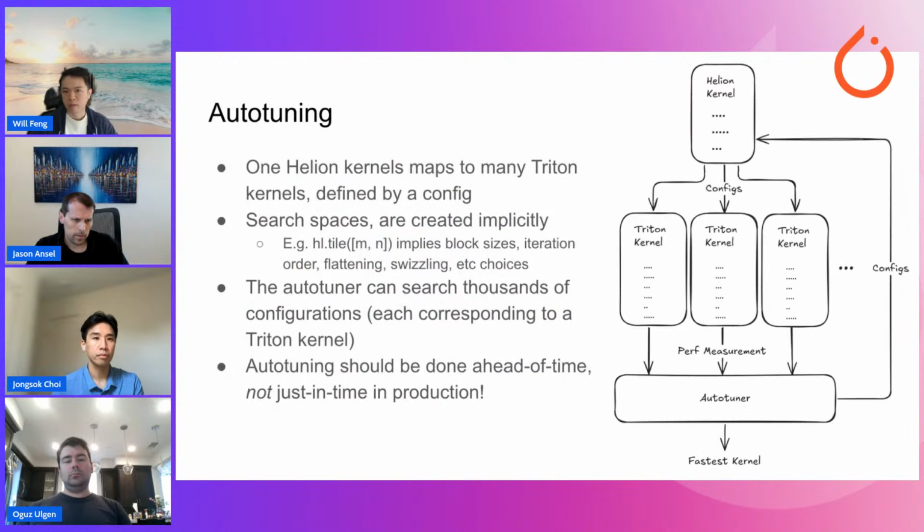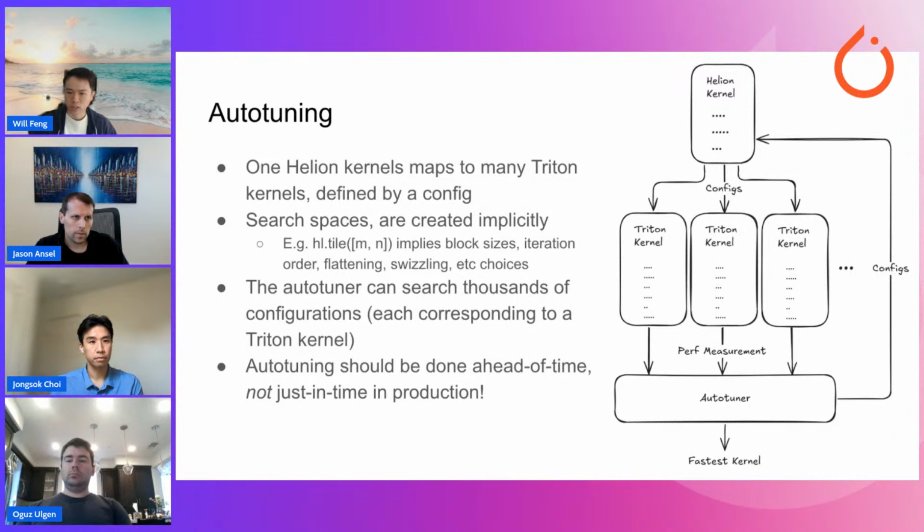Now let's recap a little bit on auto-tuning. One Helion kernel can map to many Triton kernels defined by a config. In the autotuner, we search over the entire config space to find the best config given a time budget or other computation budget.